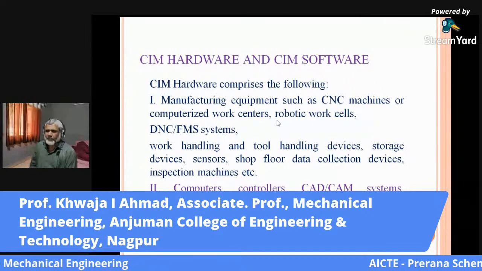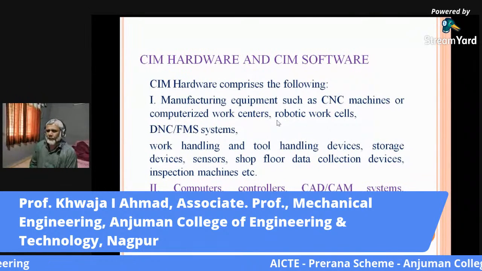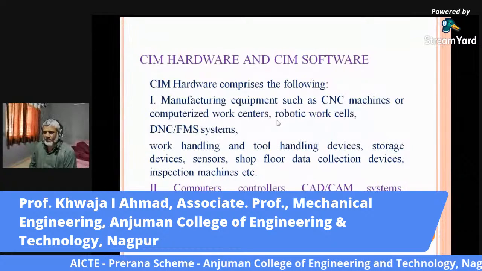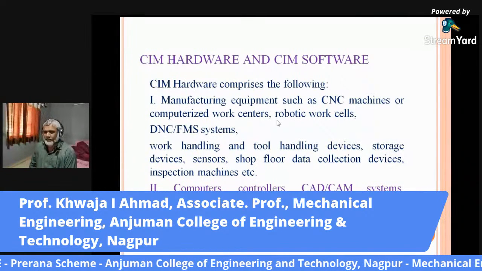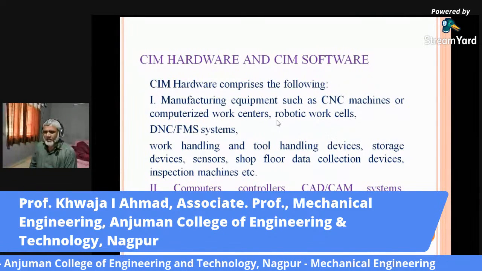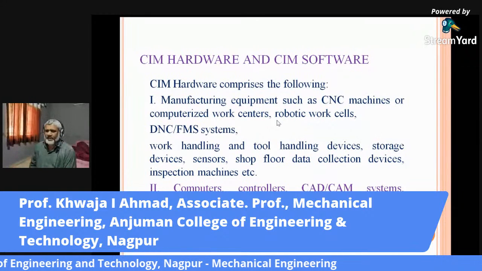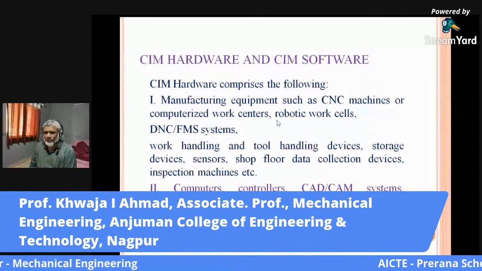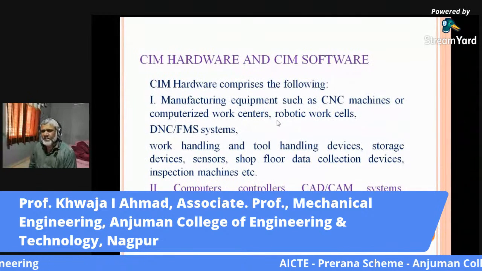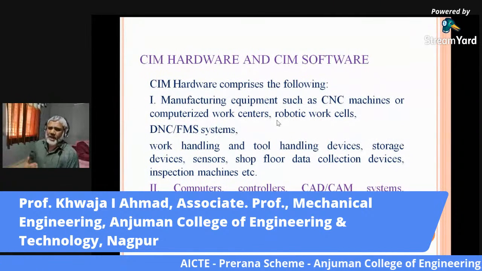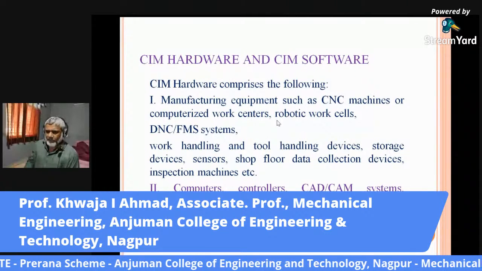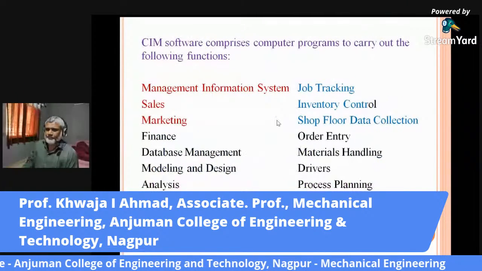The second thing which comes under CIM hardware is computers, control cards, CAD CAM systems, data entry terminals, barcode, RFID tags, printers, plotters, and other peripherals such as RS-232 cable, modems, connectors. These come under the hardware system. They are broadly classified as equipment and computers.